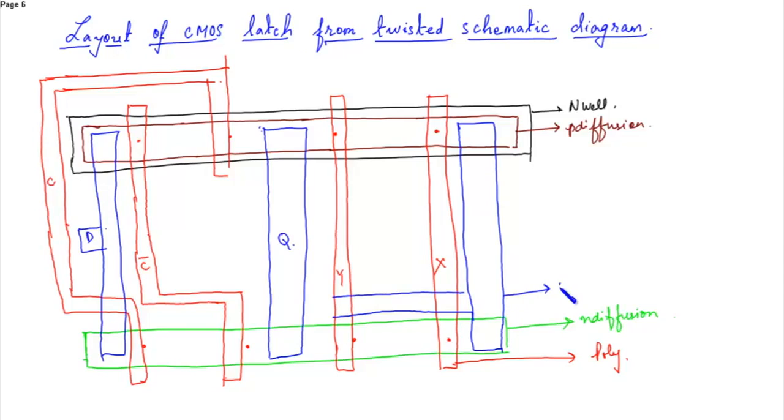This is your metal layer, metal 1, and we'll place a poly contact. Here there will be a poly contact over here. Okay, now this was the output of X bar, equal to Y.